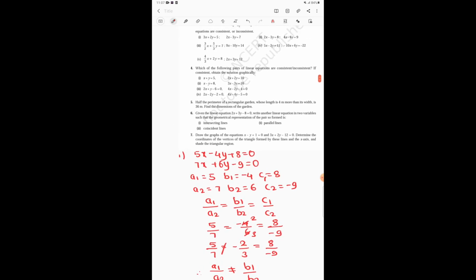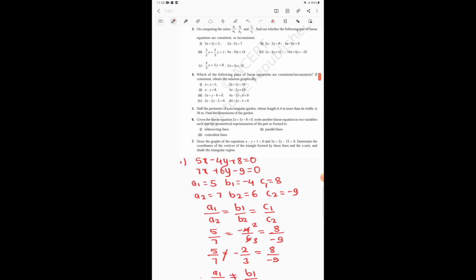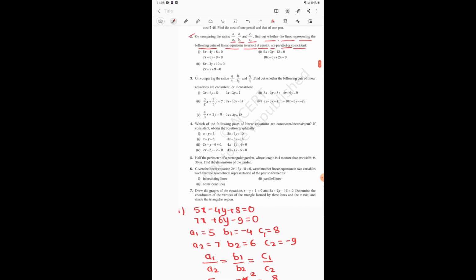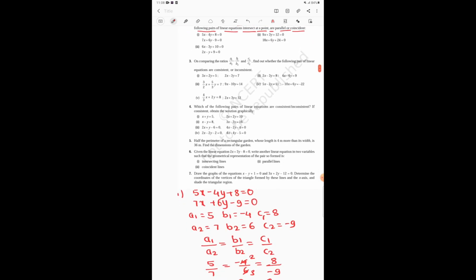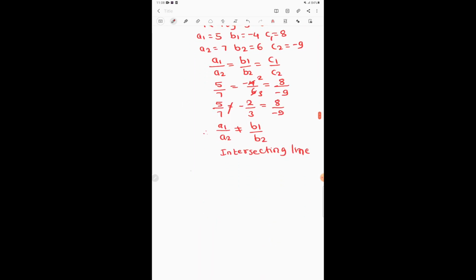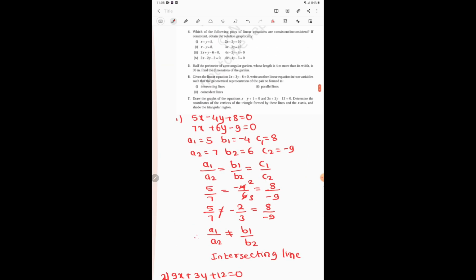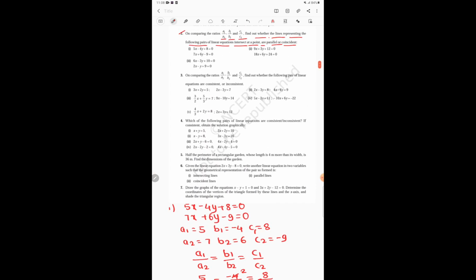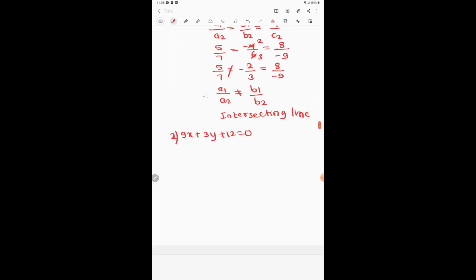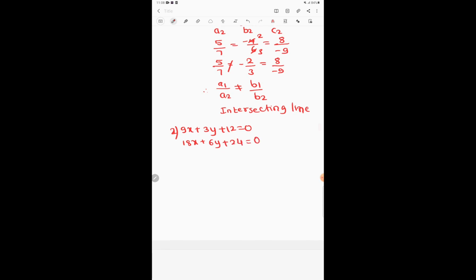So we are moving to the second question. What is that? 9x plus 3y plus 12 is equal to 0, and the second is 18x plus 6y plus 24 equal to 0.